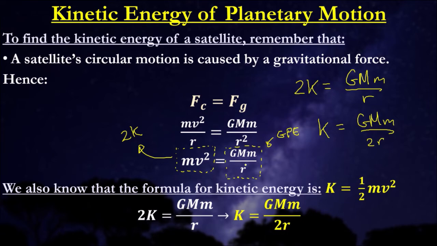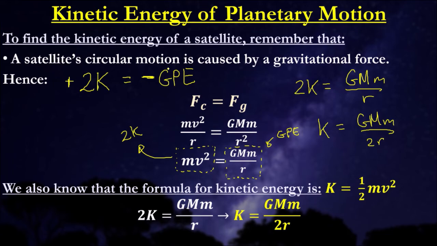What you can also see and appreciate is that gravitational potential is twice the amount of kinetic energy, and it's also a different sign. So gravitational potential energy is twice the amount of kinetic energy, and it's also of a different sign.